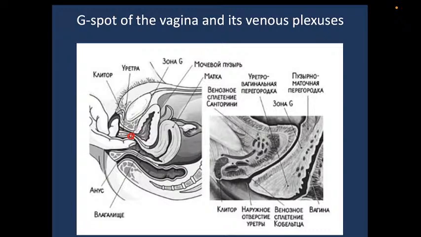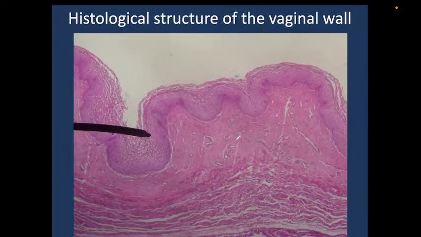Nothing special was found, so we decided now that this is just part of the anterior wall of the vagina, and there is no special sexual point, G point, in the vagina.